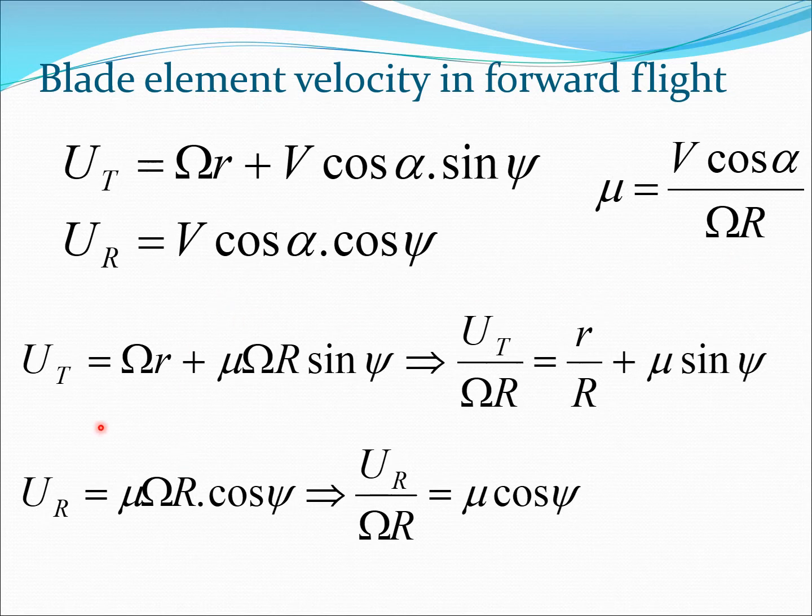Now I can go back to mu and write it out in this manner. So this is ut and ur, and then I can non-dimensionalize both ut and ur with respect to rotation speed into radius, and this is going to give me this particular non-dimensional quantity. So ut is going to be small r by capital R plus mu sine psi, and ur is going to be mu cosine psi.